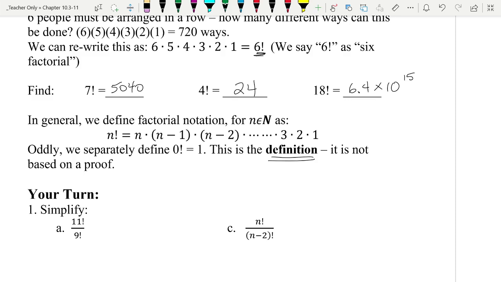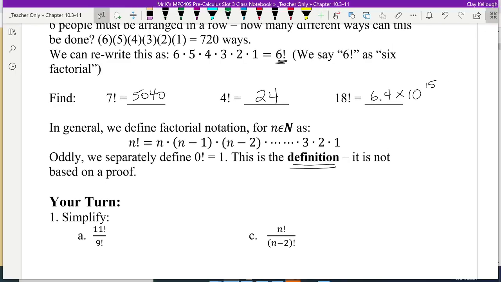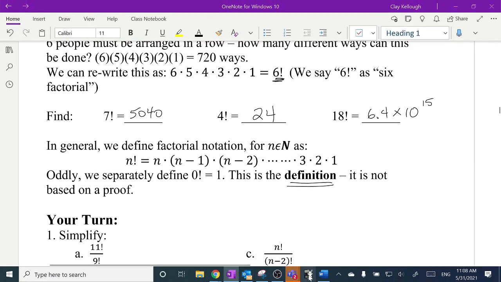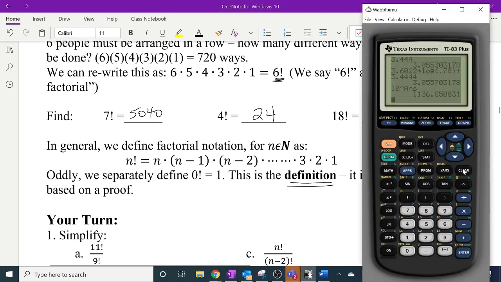Yes, 69 factorial is the highest that a calculator tends to go if it's a normal everyday calculator. If you wanted to use our powerful graphing calculator, let's break out the rabbit. If you're looking for factorial, I think on this calculator it's under math. Let's see, can you do 99 factorial, which would be 99 times 98 times 97 times 96 all the way down to times 1?